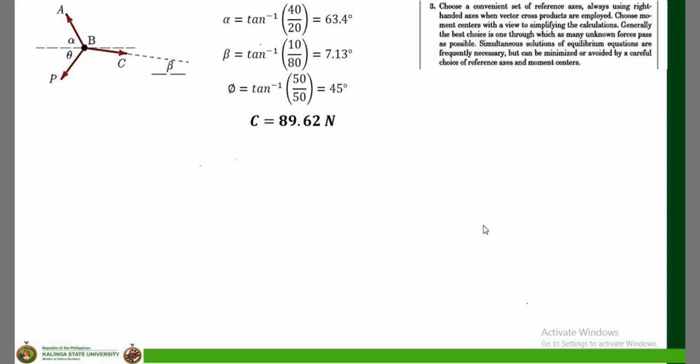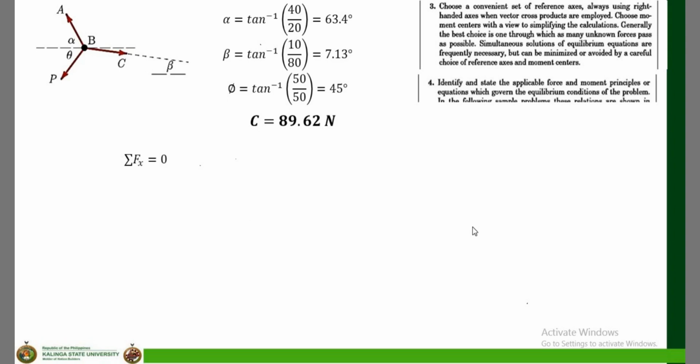Step 3, you have to choose a convenient set of reference axis. Considering this free body diagram at point B, since the forces are concurrent, I have to choose my reference axis as the x-axis and the y-axis.